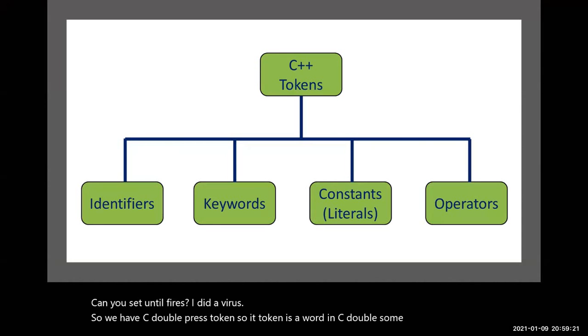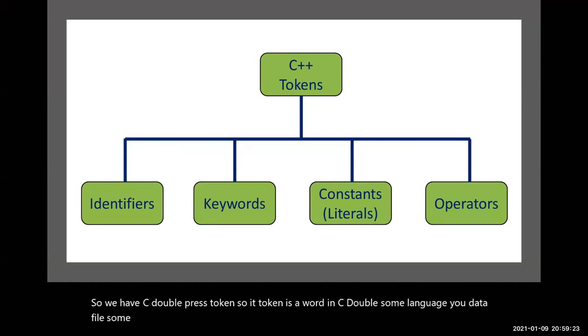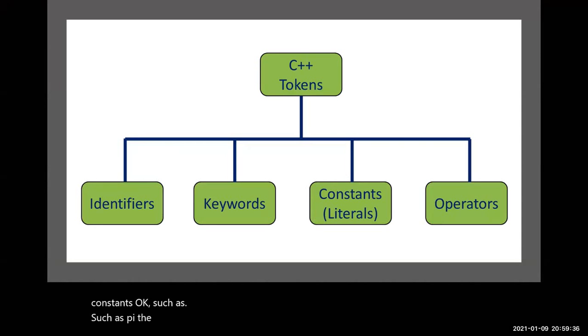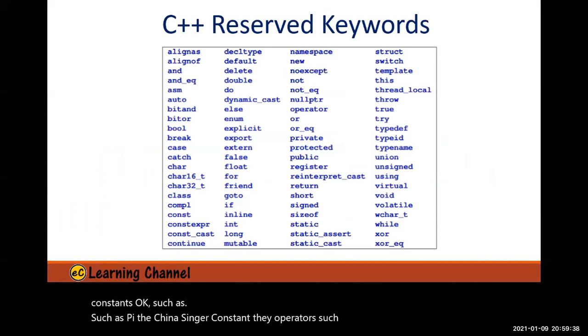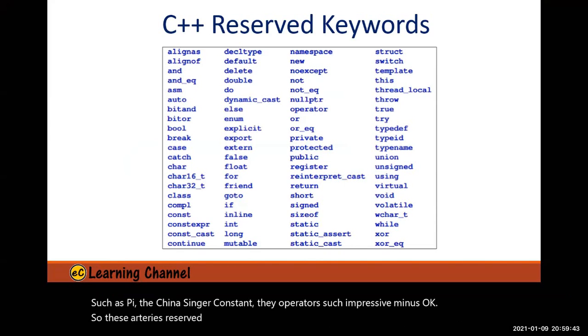Some of them are keywords, like for, while. There are also constants, such as pi, and operators such as plus and minus. These are the reserved keywords. I think every language has these, and you all know similar stuff.